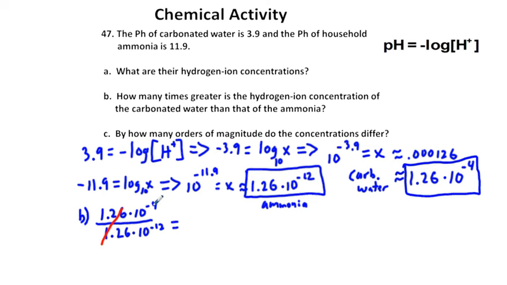So we have 10 to the negative 4th divided by 10 to the negative 12th, which is going to be 10 to the negative 4 minus negative 12, which equals 10 to the power of negative 4 plus 12, which equals 10 to the 8th. Now 10 to the 8th is, I think, 100 million. So it's going to be 10 to the 8th times greater.